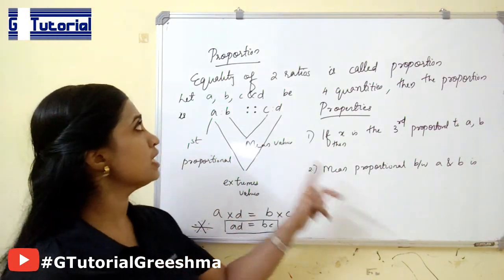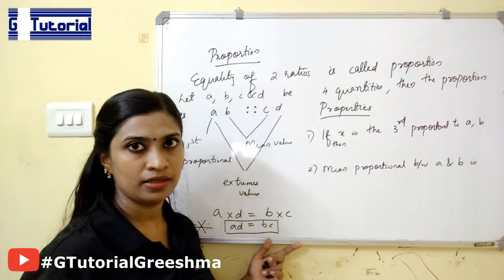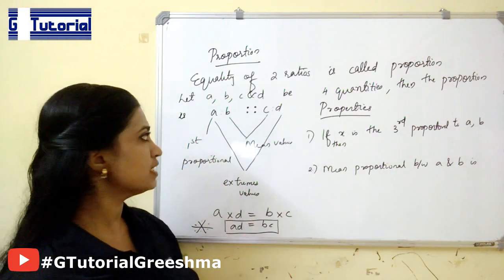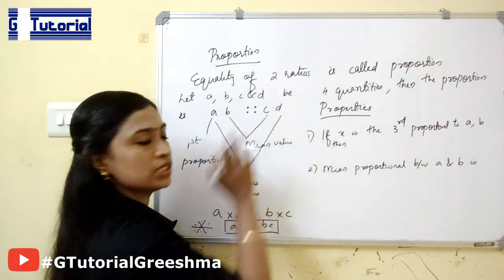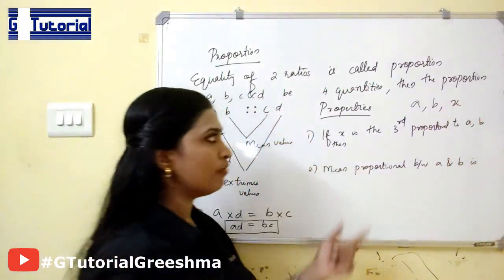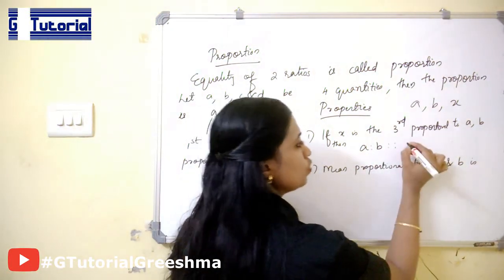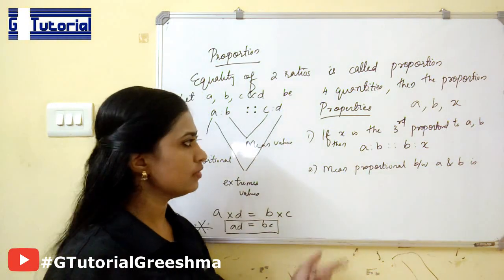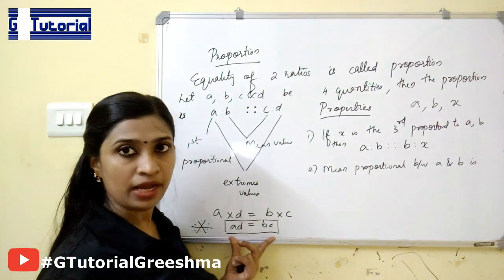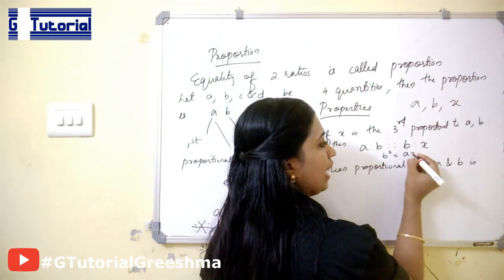Next we can see some of the properties of proportion. First property: if X is a third proportion to A and B. So if A, B and X are in proportion, we have to express it as A is to B in proportion to C is to D. Here we are only having three terms, A, B and X. So if they are in proportion, we can express it as A is to B in proportion to B is to X. And here we can use this formula and write the product of mean terms, B square, is equal to AX.